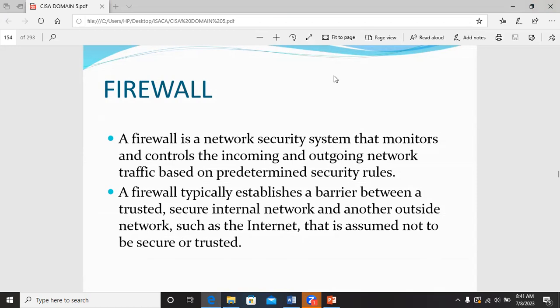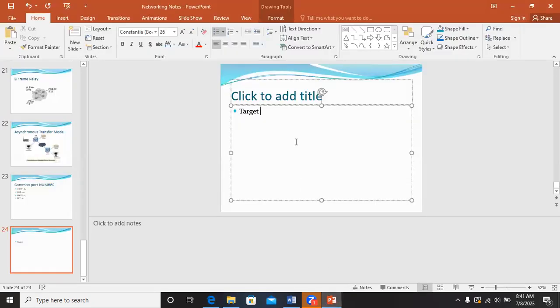So what is a firewall? Some 300, 400, 500 years ago, the British would normally build what they call a moat to protect castles. You have a castle, and the castle is surrounded by a moat.